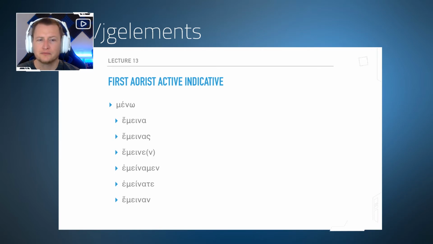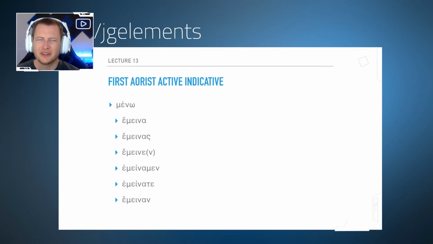Now here's meno. Meno's liquid. But it's also a little strange in that this one has iota in there. Emeina, emeinas, emeine, emeinen, emeinamen, emeinate, emeinan. It's liquid, so there's no sigma in the tense formative. Sometimes this can happen where the iota will creep in some places.